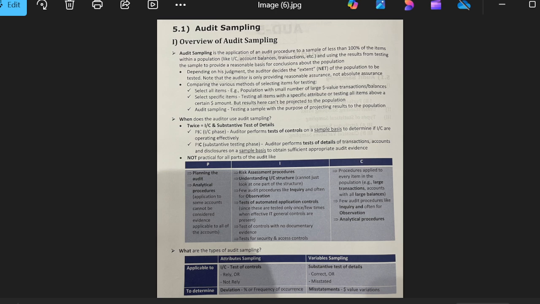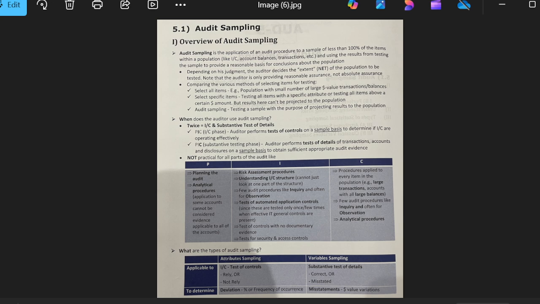So, given the overview, audit sampling is the application of audit procedures to a sample of less than 100% of the items within the population, and using the results from testing the sample to provide a reasonable basis for a conclusion about the population.